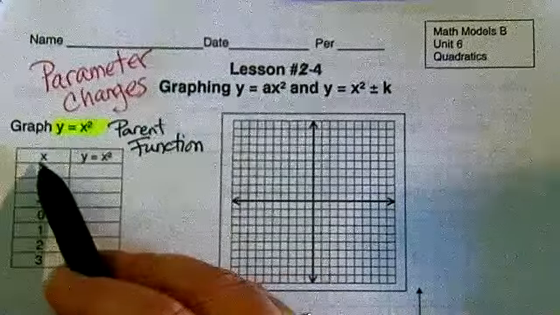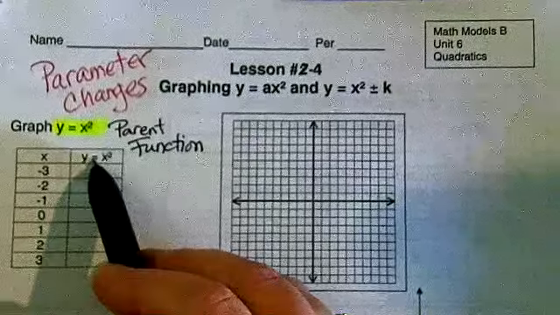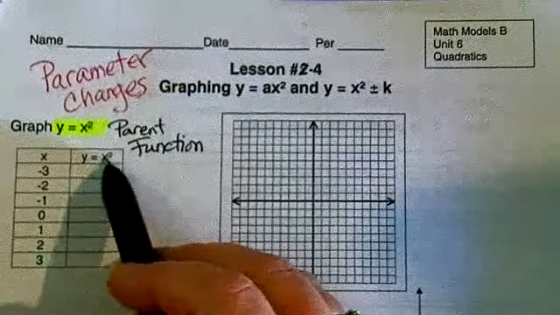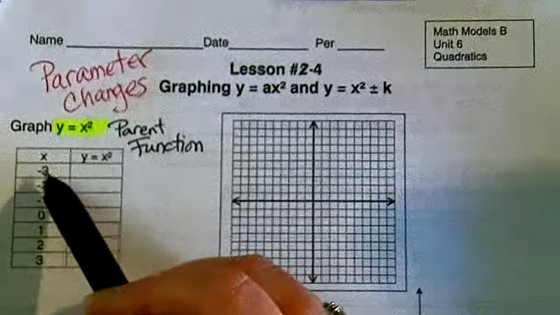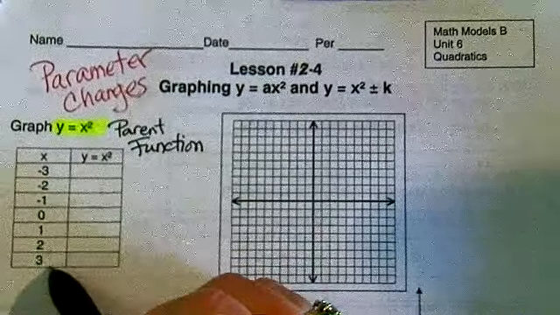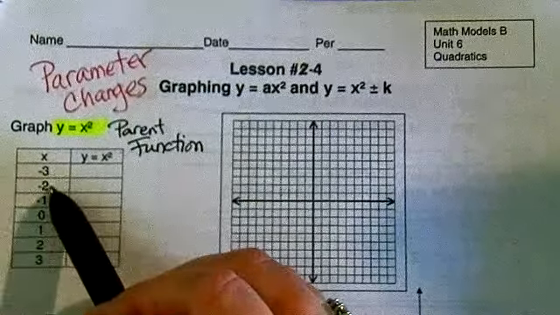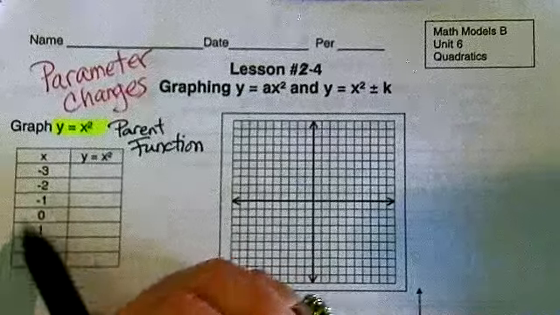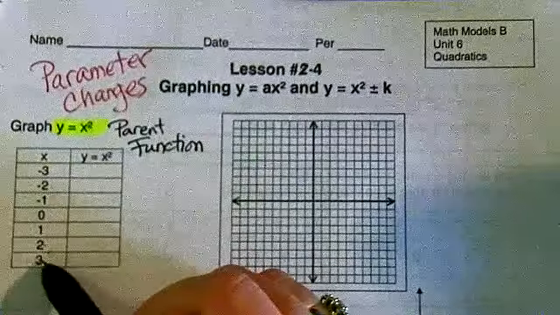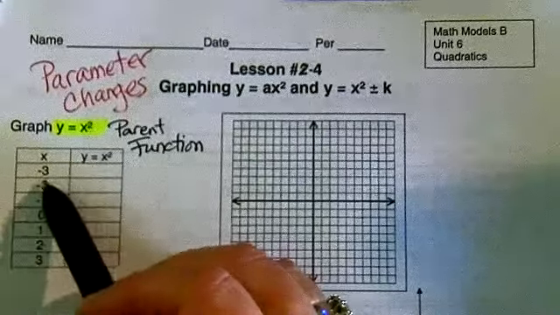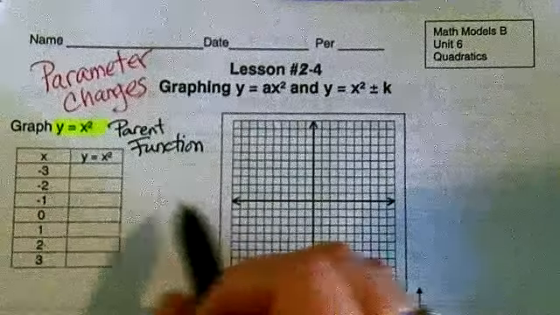To get the y, take the x and square it. And these are just some ones that are selected. These are just selections from the domain. The domain is much, much bigger than this. This is just a few numbers that I've pulled from the domain to be able to graph it.